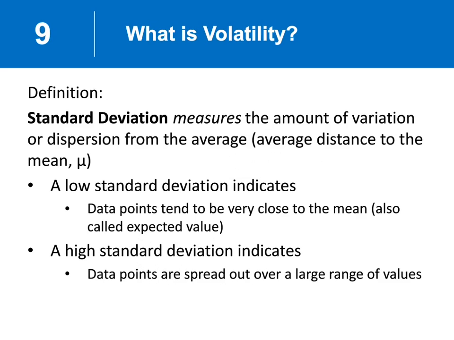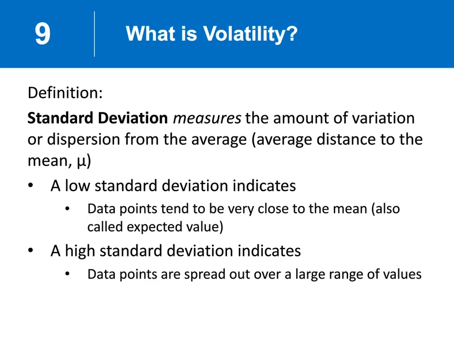All right. We're still in section 1. We're still trying to think and know conceptually, hey, what is volatility? We used the formula in the previous slide, and here's what standard deviation is. So notice we moved from volatility to standard deviation, which is measuring the amount of variation or dispersion from the average.